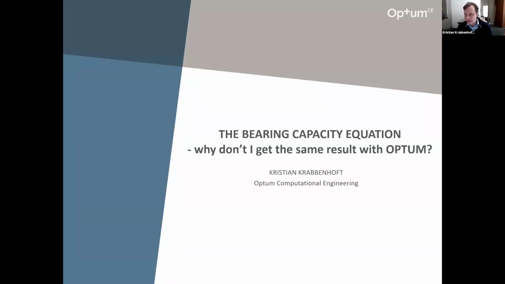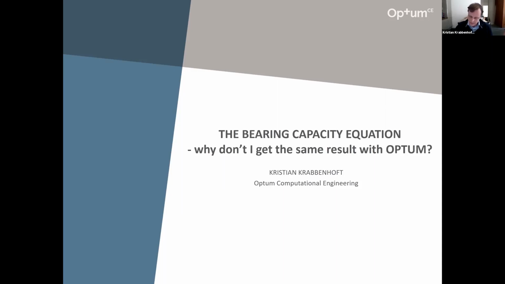At some stage you're going to find some disagreement between the bearing capacity equation and Optum. So the motivation today is to explain some of those deviations. It's quite expected that in some cases you don't get the same, and in some cases you should get the same.